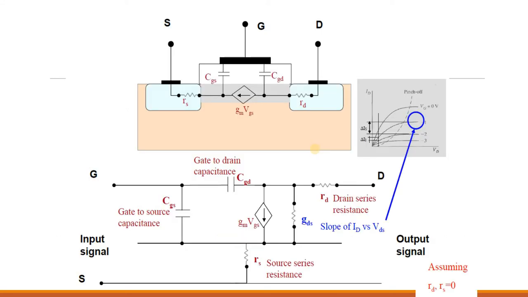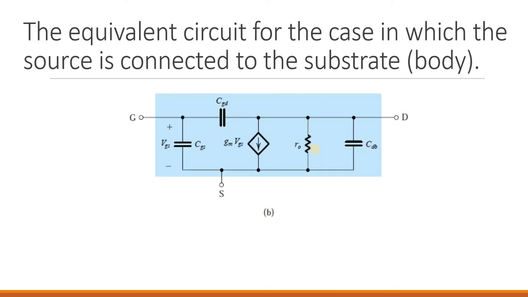Then it has been simplified like this, where the body has been neglected. This is the equivalent circuit for the case in which the source is connected to the substrate, that is, the body is connected to the source only.